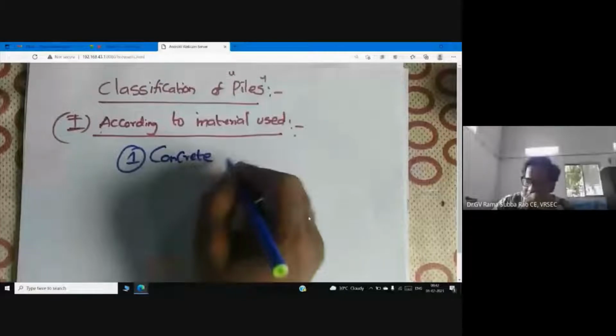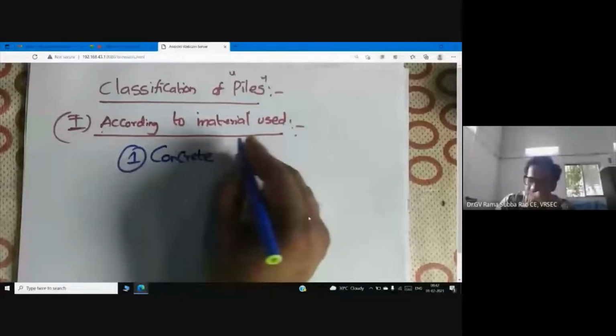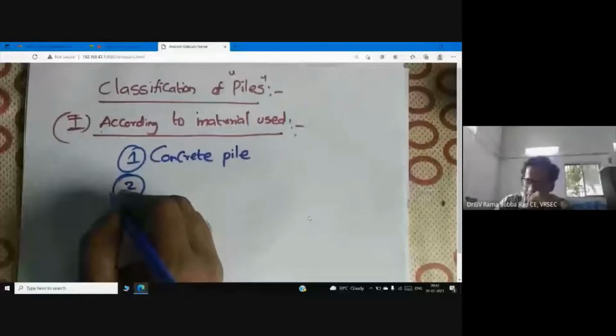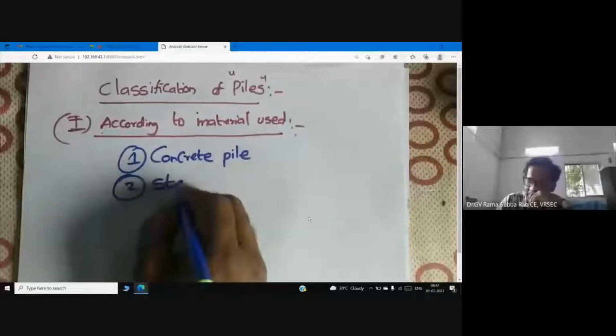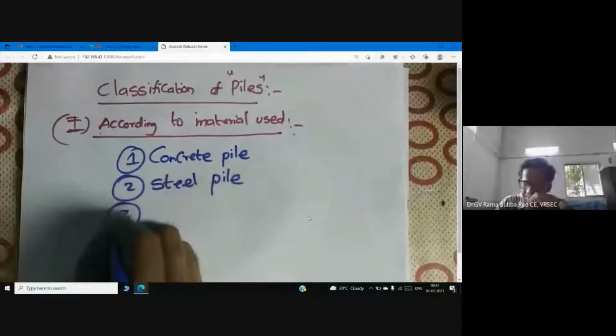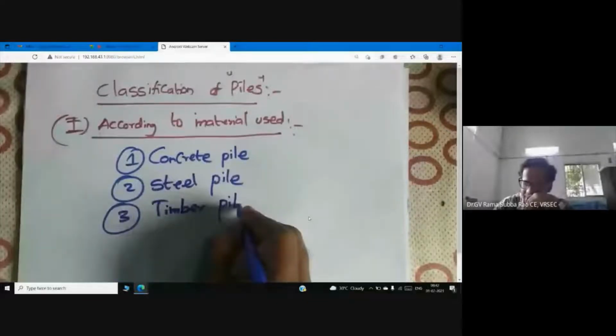Sometimes if you use concrete, we call that particular pile a concrete pile. In the same way, we can call a steel pile, or a timber pile. So just based on the material, we classify the pile according to the material used.